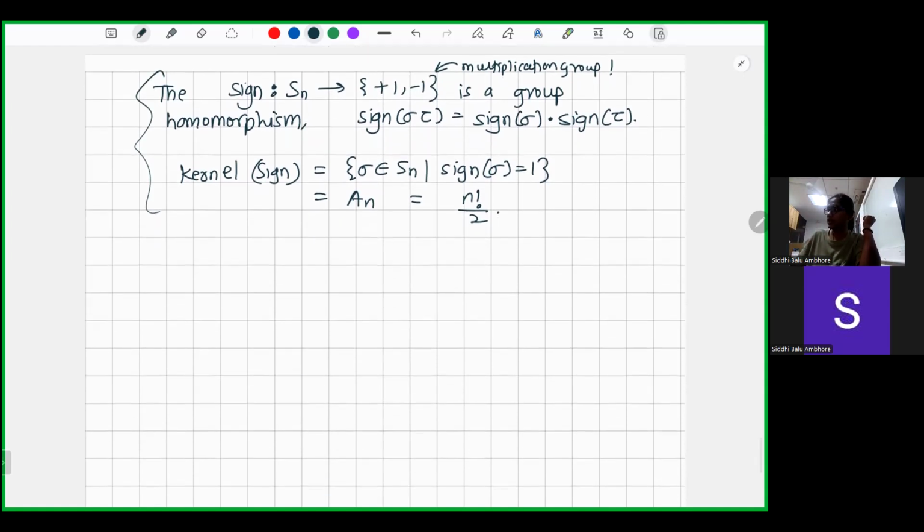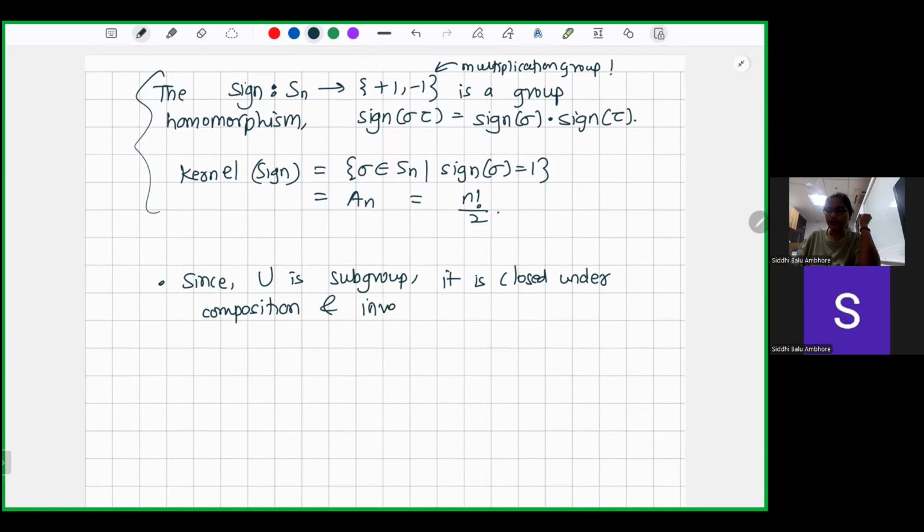Now the second thing is to understand this: since U is a subgroup, it is closed under composition, that is our multiplication in Sn, and inverses. I mean the inverses of elements in U and the product of elements in U again belong to U. That's what we have because U is a subgroup.